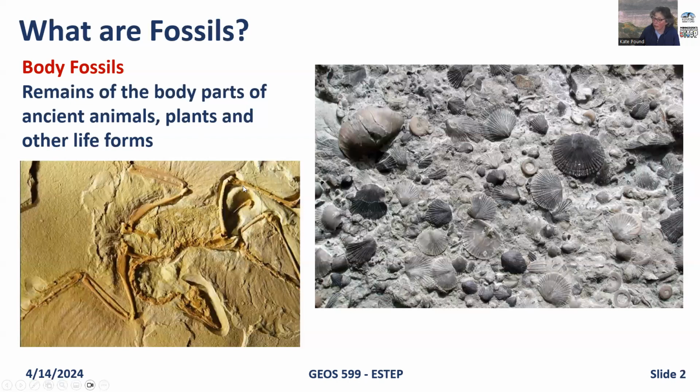On the left, you can see the bones from an Archaeopteryx, and on the right is a sample that could come from the Decorah Shale in Minnesota, exposed in southeastern Minnesota and in areas around the Twin Cities. These display good examples of body fossils.